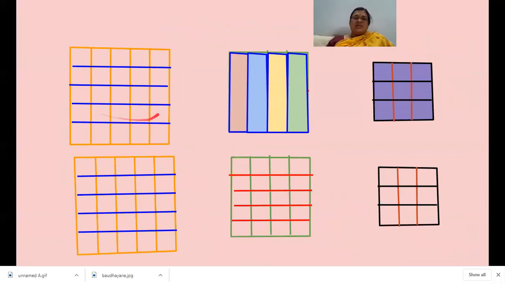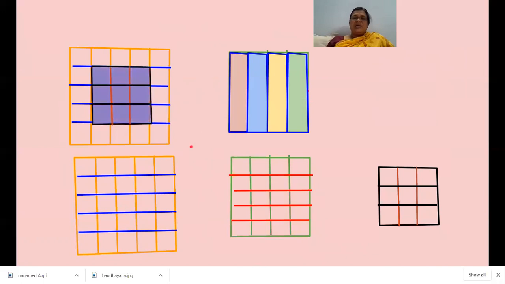This is the square which we have seen on the hypotenuse. When you add these two, you should get the square on this, isn't it? Let us see whether they are equal or not.